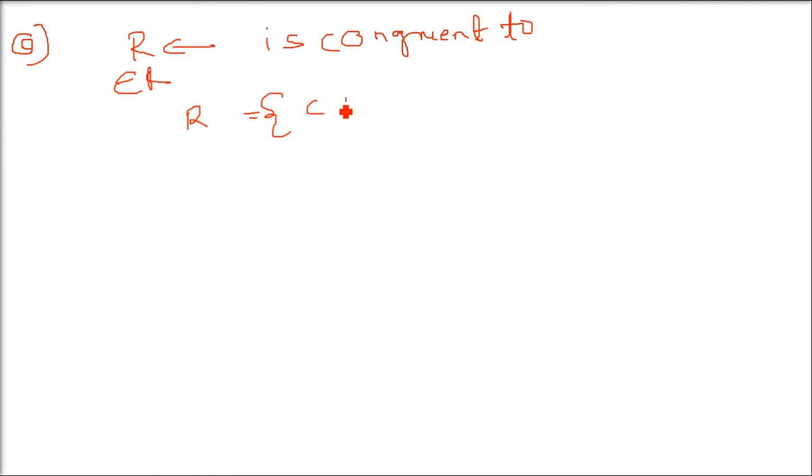So the relation is given by (T1, T2) such that T1 is similar to T2. You can also add T1 is congruent to T2. So example 2 and 3 are almost similar. We have to prove that this relation is an equivalence relation. So how do we go about this? We have to show it to be an equivalence relation.